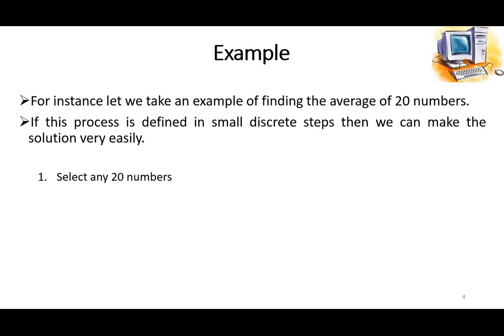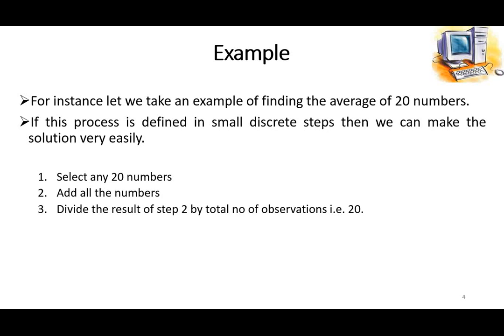So the first step will be to select any 20 numbers, that is the input. Second, we have to calculate the sum of those 20 numbers, so the second step is to add all the numbers. As we know, for finding the average we must calculate the sum of the numbers, and then divide it by the number of elements or observations.